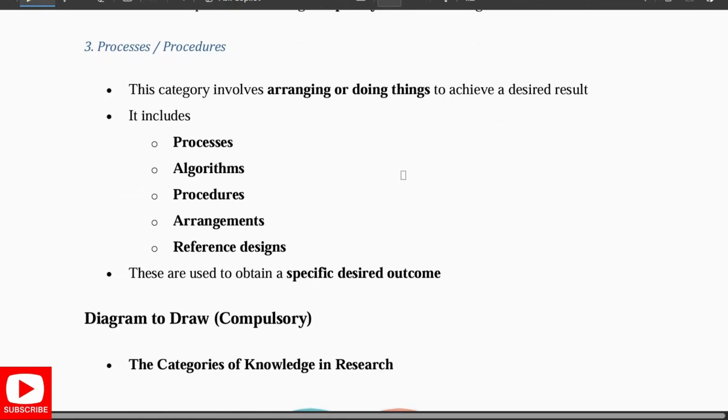This category involves arranging or doing things as desired, to achieve the desired result. It includes processes or algorithms you write, procedures, arrangements or reference diagrams. All of these come under this category, and through it you can get a specific desired outcome.